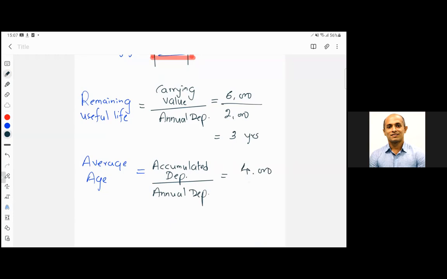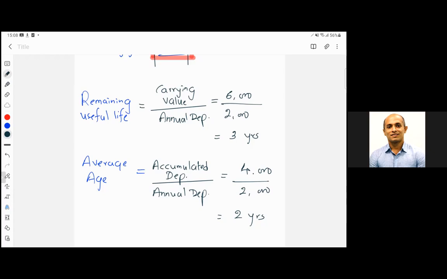Accumulated depreciation 4000, annual depreciation 2000. So this asset has been used over 2 years.